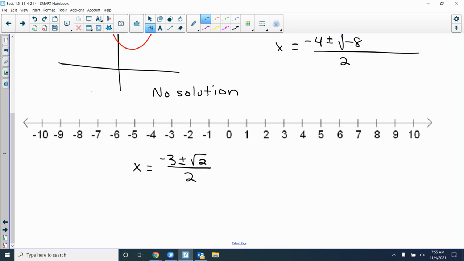So you just have to approximate where it hits. Negative 3 plus the square root of 2, just take that decimal, figure out where it hits, and you'd still do your test points. So there's a difference between an irrational and a complex number. This one would have no solution. This one would have solutions, if you got a case like that.